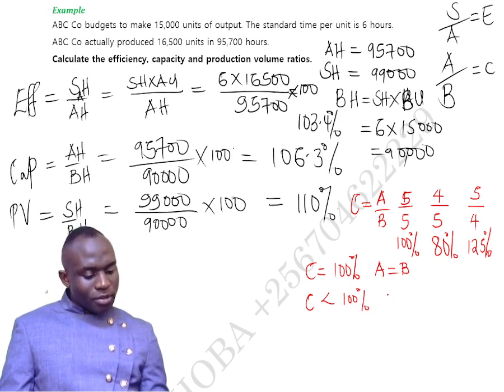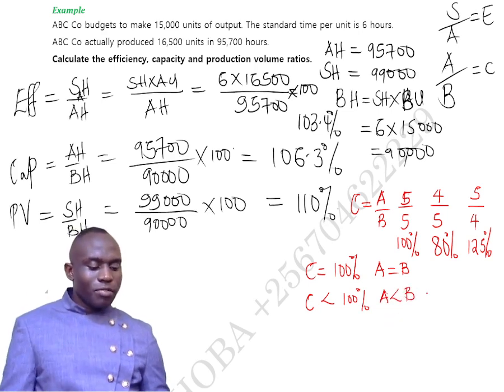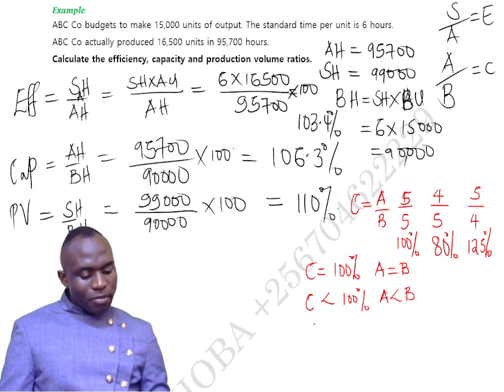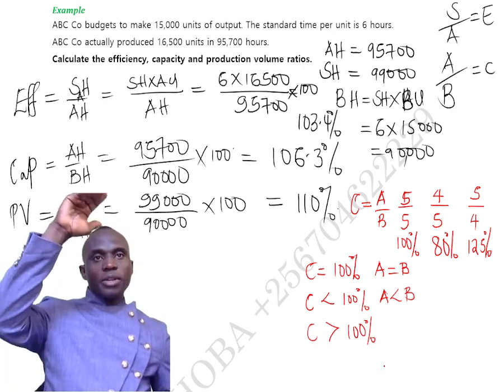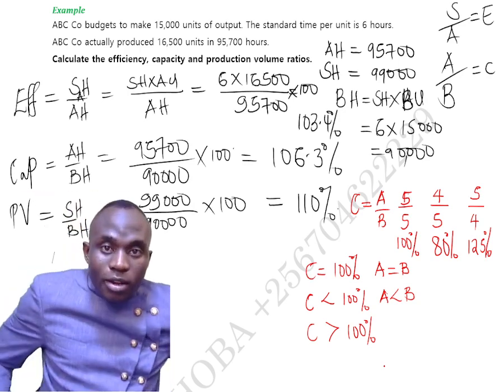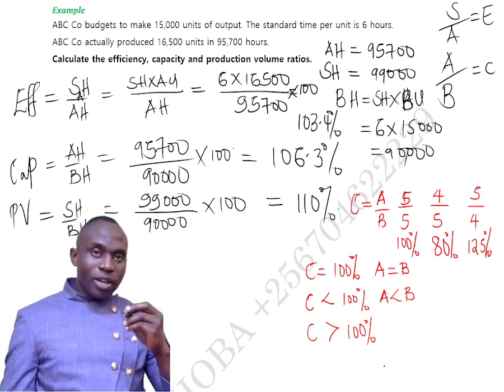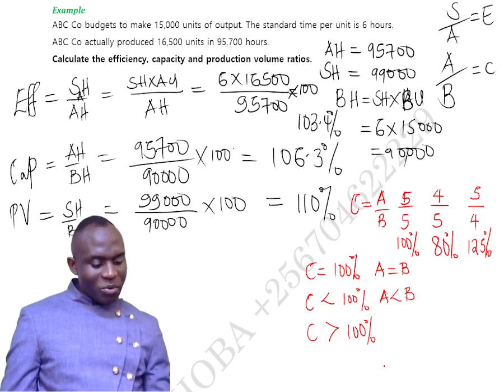It means that the actual hours are less than budgeted hours, i.e. 4 is less than 5. And finally, if capacity ratio is greater than 100%, what does it mean? How do you get a number greater than 100% when the numerator is more than the denominator?